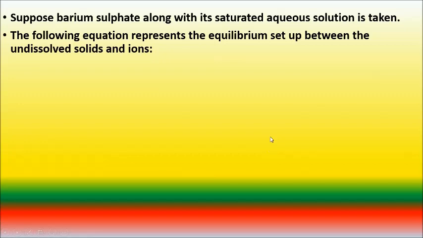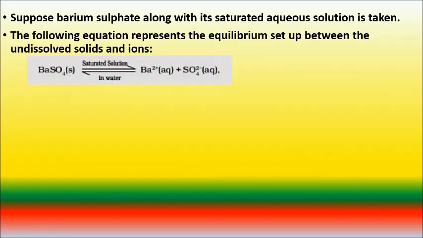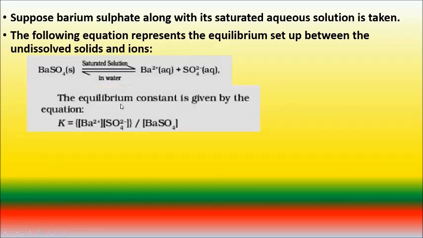If we want to write the equation for the equilibrium between the undissolved solid and the ions, we can write it as BaSO4 giving Ba2+ and SO4 2-. And the equilibrium constant according to the law of mass action, when we write, we will get K is equal to the molar concentration of Ba2+ into the molar concentration of SO4 2- divided by the molar concentration of BaSO4.